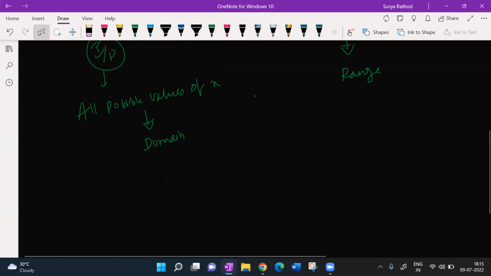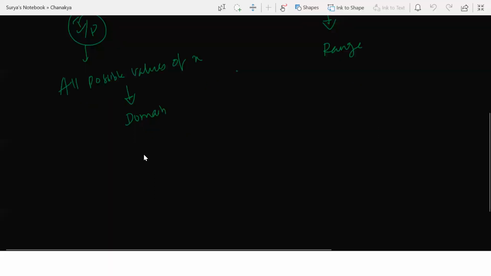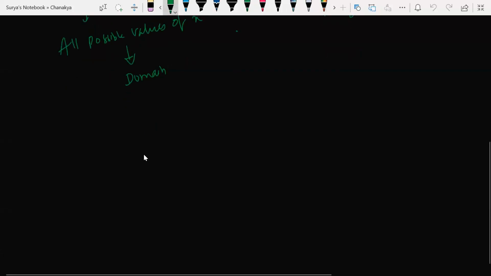The possible values of x are the domain, and the possible outputs of a function are the range.